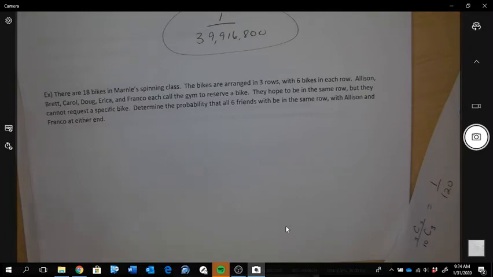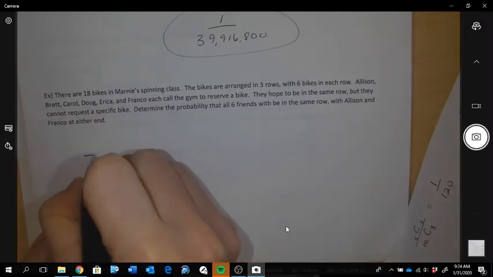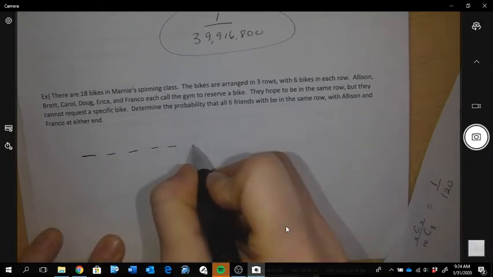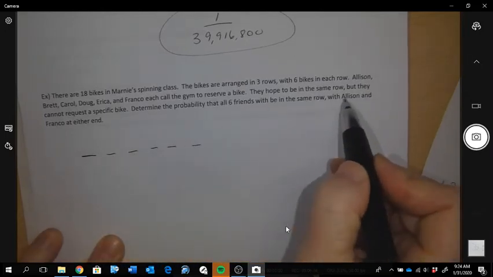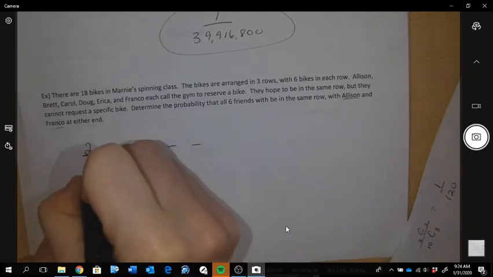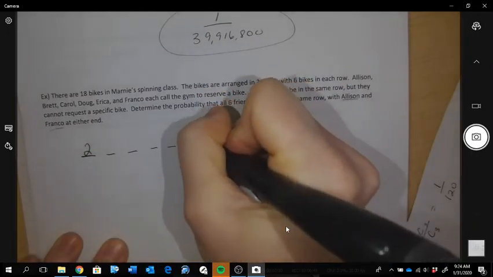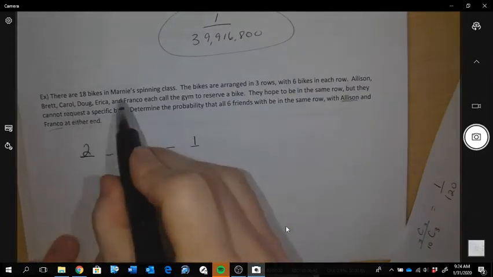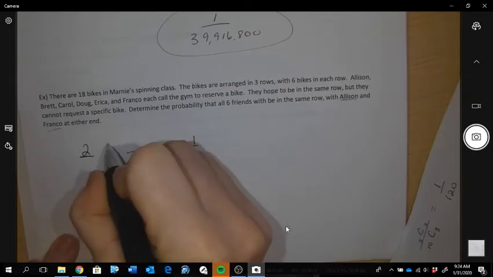Okay, so let's just forget about the probability right now and let's just talk about the arrangements that could happen. Okay, so we have 6 of them. So we want Allison and Franco at either end. So when I started this end, I had 2 possibilities, which leaves me with 1. And then the rest of those 6 friends, there'd be 4 people left.